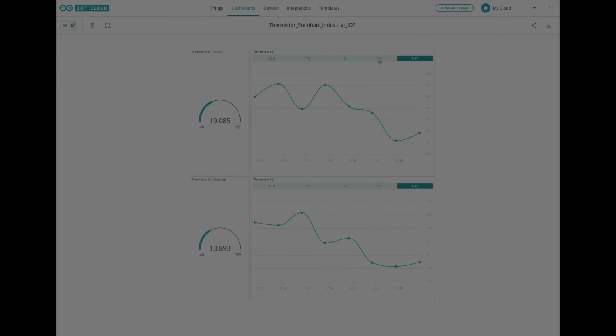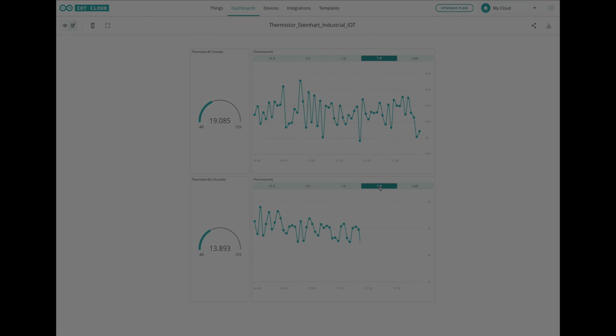We can also look at it over the past hour. Past hour on our outdoor sensor. These are the data points coming in. We could take a closer look. We can click down on the mouse, zoom in on that section, take a look, see what the data is at those particular times.